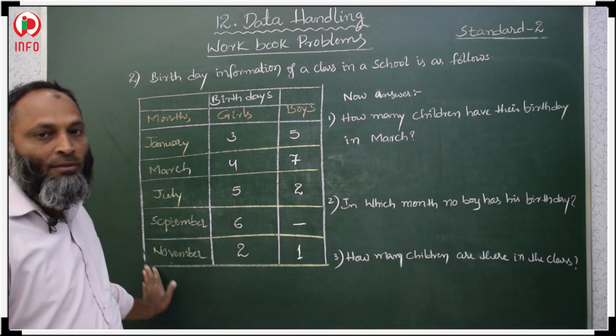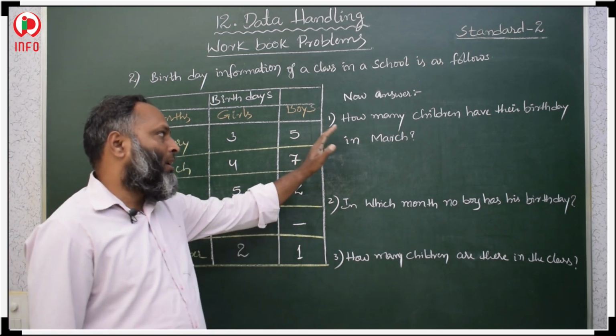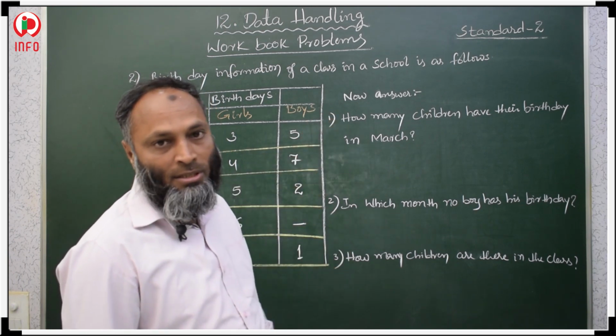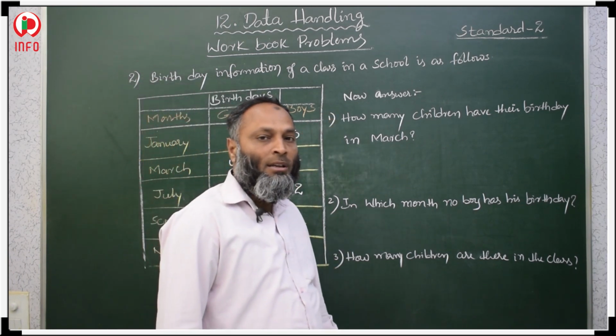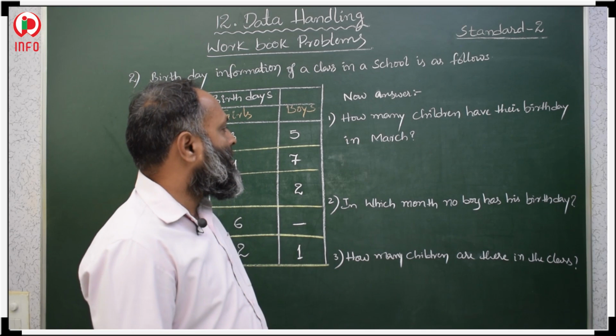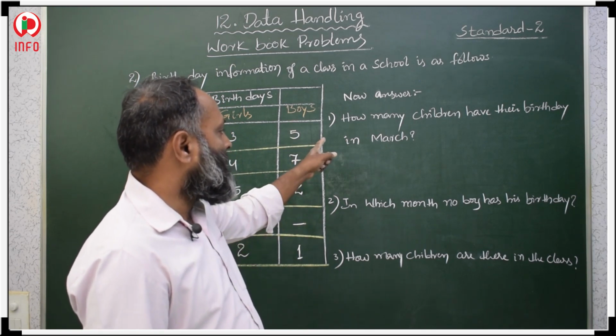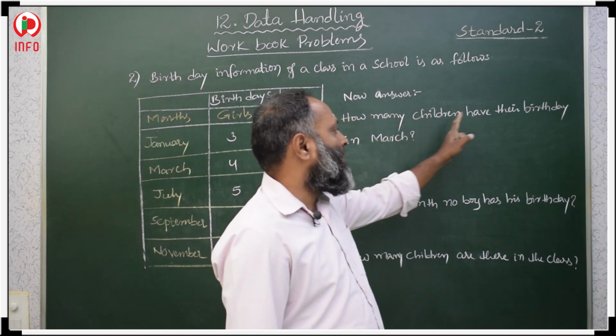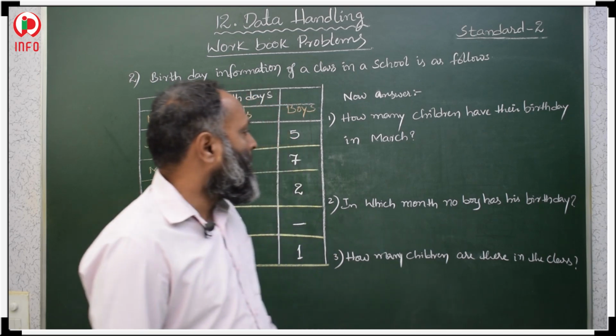Using this information chart, we should answer the following three questions. The first question: how many children have their birthday in March?